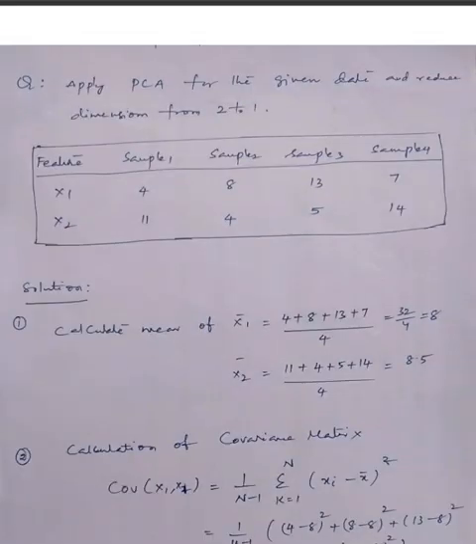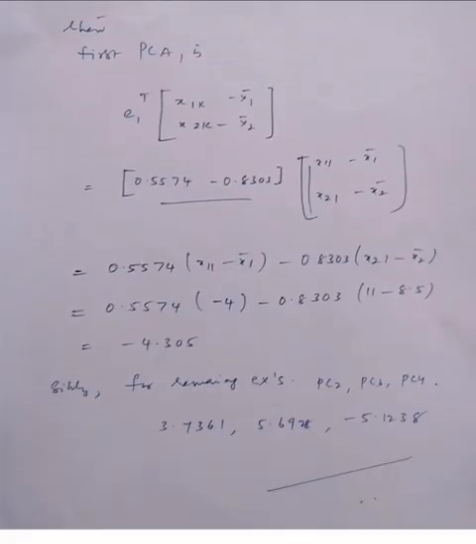In the same way we can calculate for sample 1, sample 2, sample 3, sample 4. After calculating this you will get these values. These are the principal components, or the final new derived data set. So that's all about the concept.